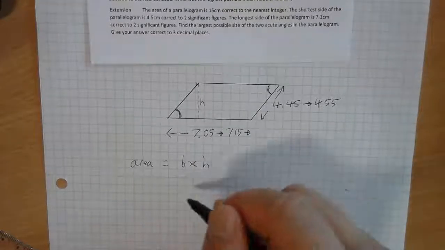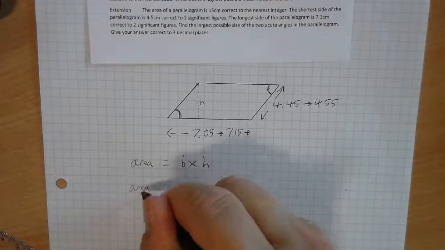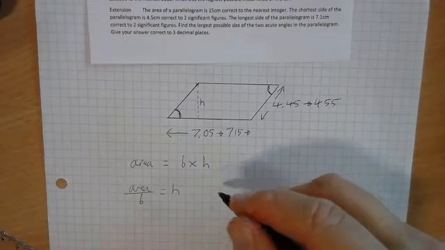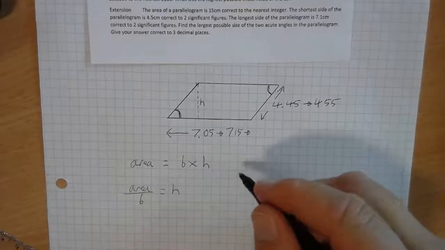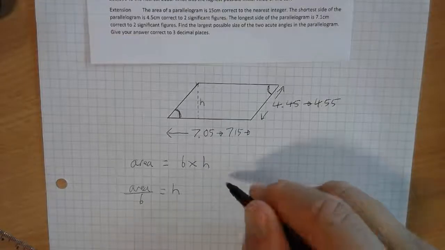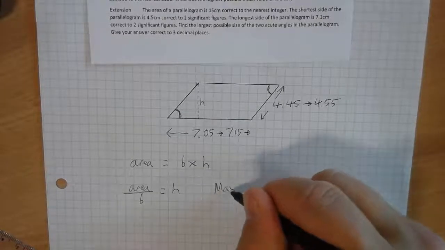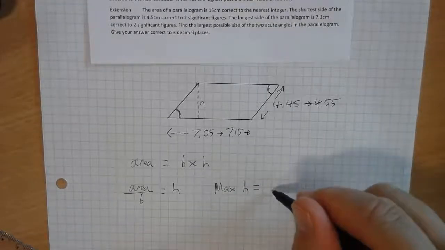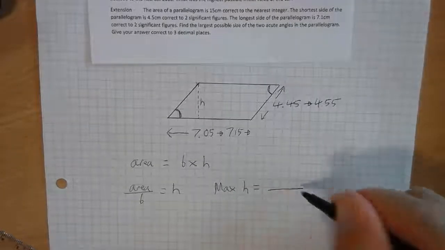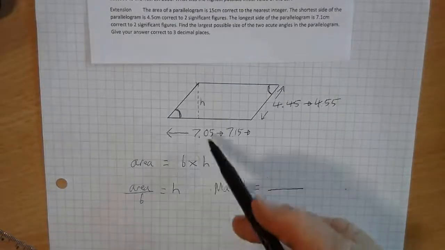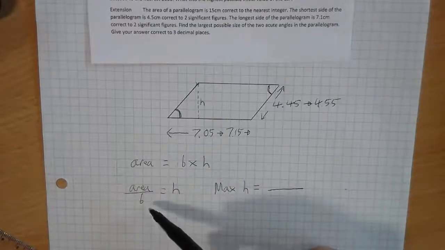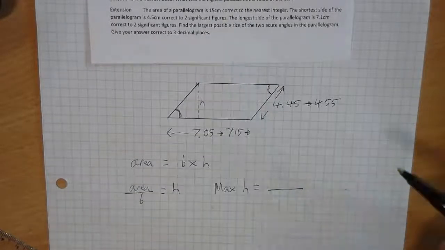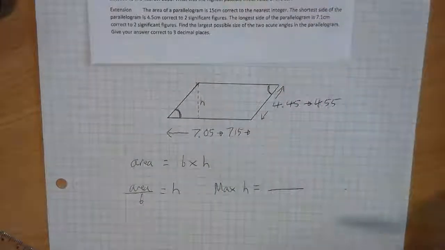So I'm going to rewrite this formula. So the area divided by the base is equal to the height, and I want maximum height. So maximum height is equal to, how am I going to get the biggest height from my different numbers for the area and the base depending on the correct degree of accuracy.